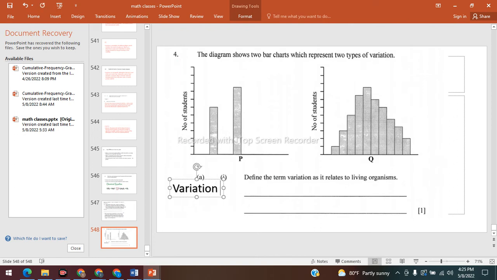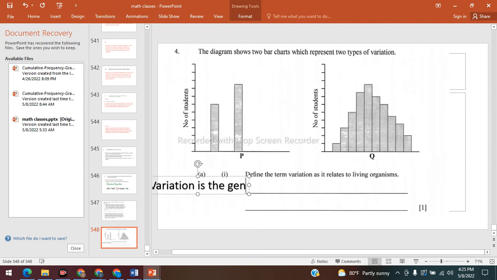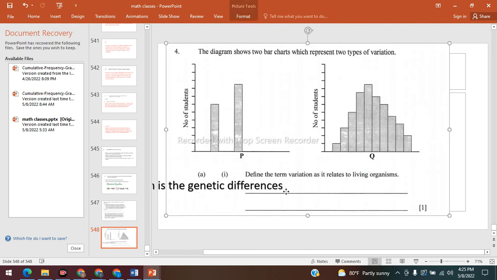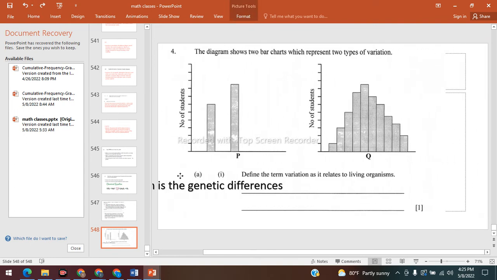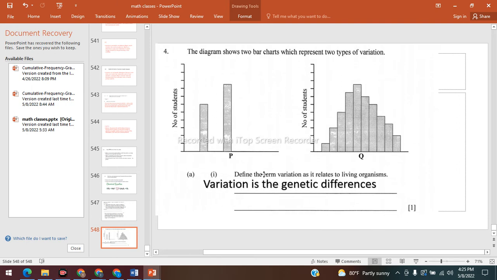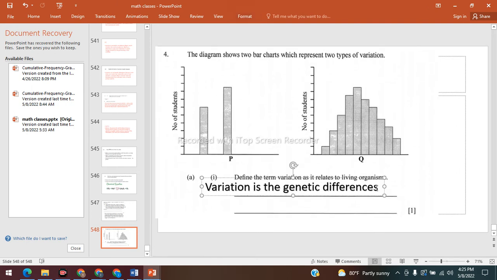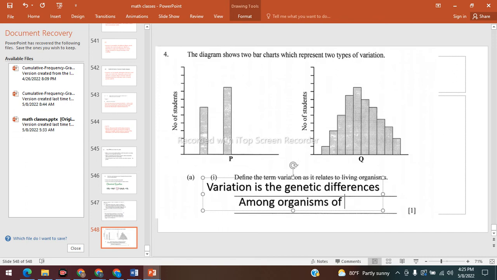So variation is defined as the genetic differences among organisms of the same species.